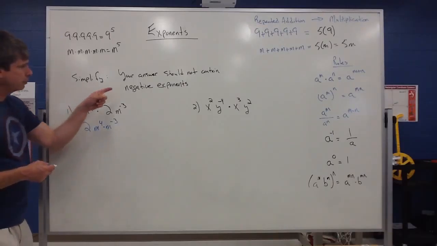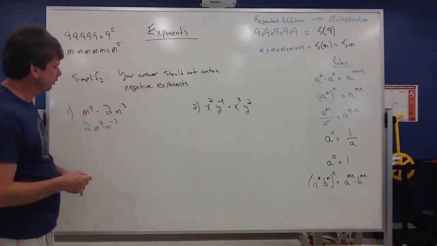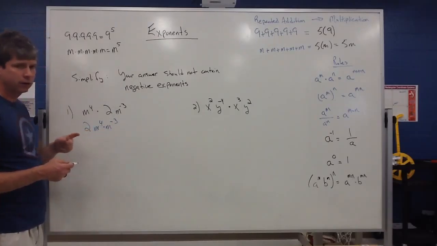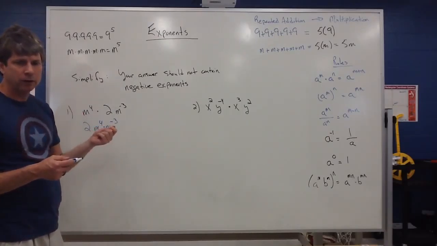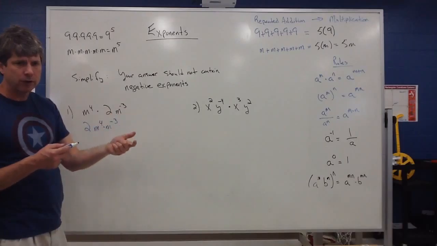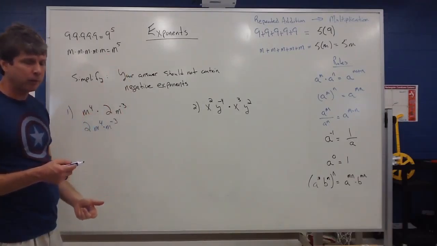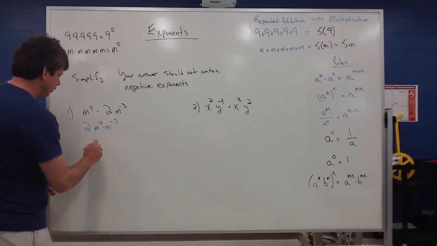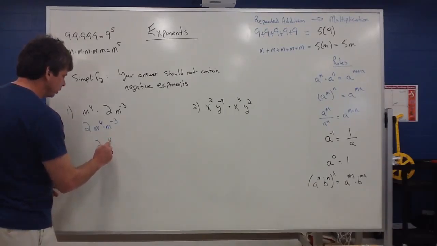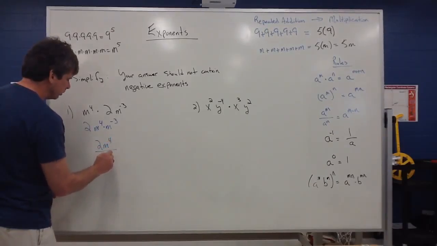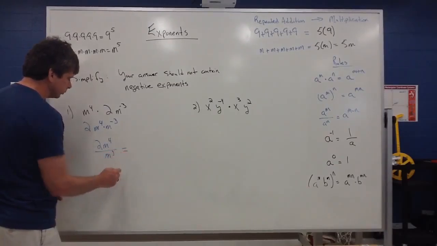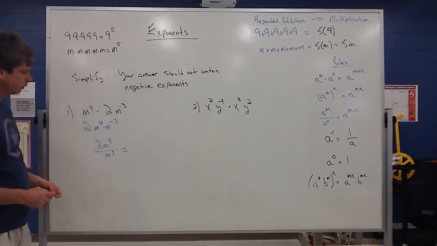The next thing it says, your answers should not contain negative exponents. So notice how the m to the negative third, it's got that m is raised to the negative 3 there. So to get rid of that negative exponent, what I want to do is move that to the denominator. I'm going to make a fraction out of this. So this is going to change to 2m to the fourth over then m to the third power. Now I want to kind of simplify this.